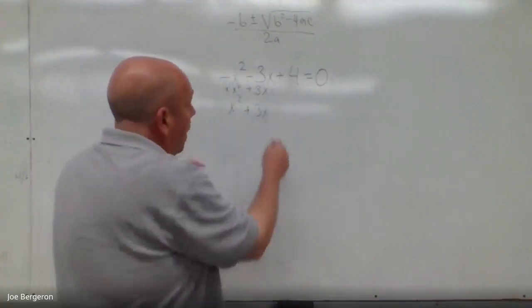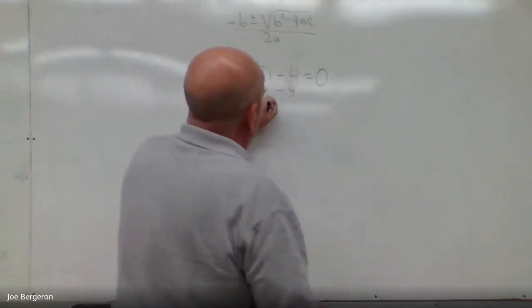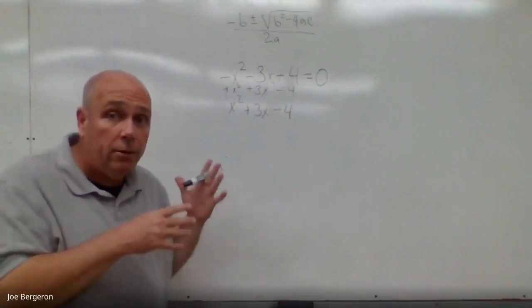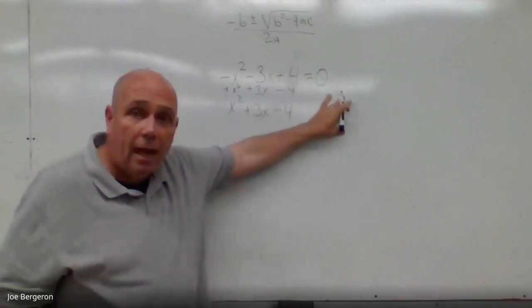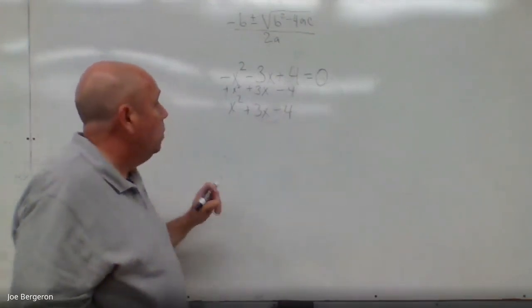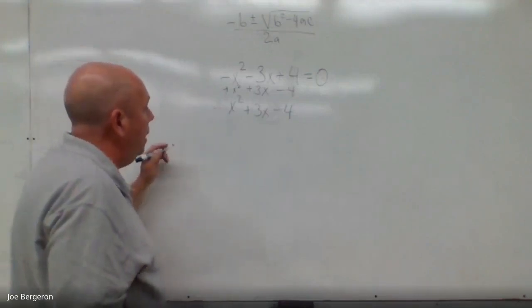And if we subtracted the 4 to move it over here, it would be minus 4. All right. So we can either divide everything by negative 1 or simply move it to the other side of the 0. Okay. So now that we've done that, this becomes just like all the other problems.